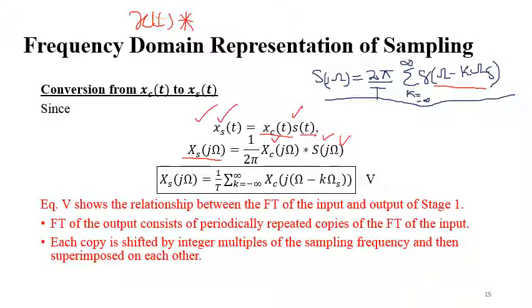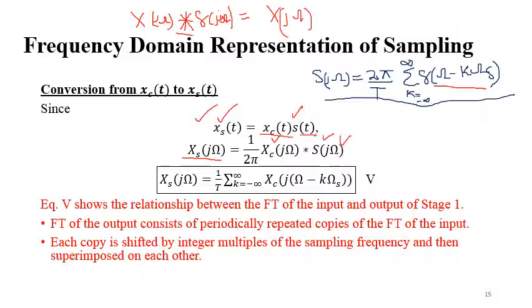So if you have X(jω) convolved with the impulse of jω, you get X(jω), because impulse is the identity of the convolution.